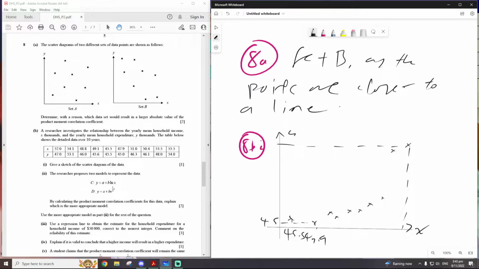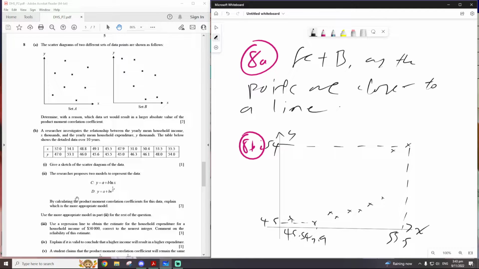X, this is Y. And then the highest point is 55.5 and 54. Try to get the scale right when you're doing your own version, but I'm doing it roughly here. Okay.